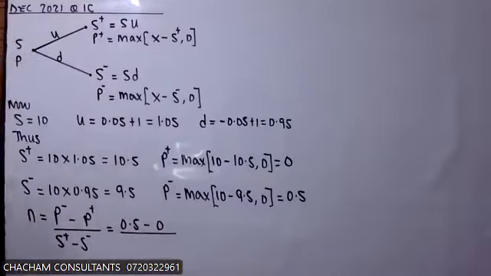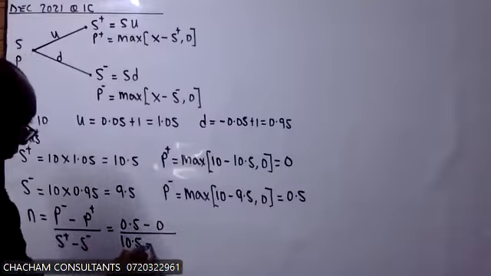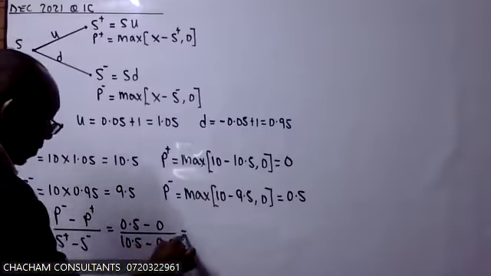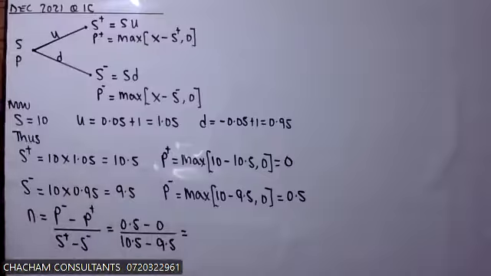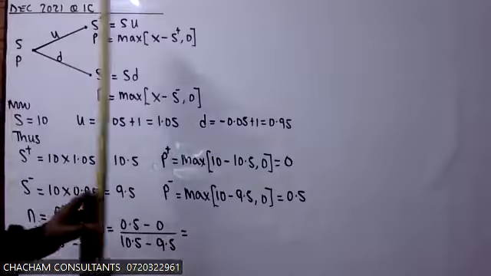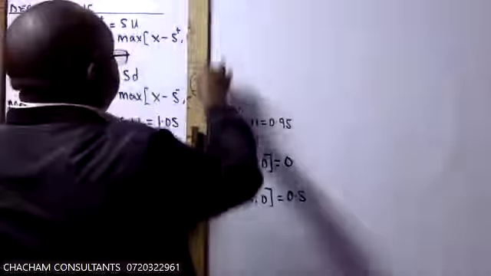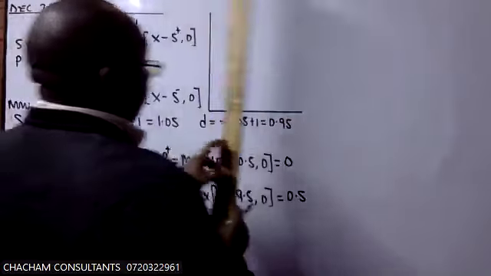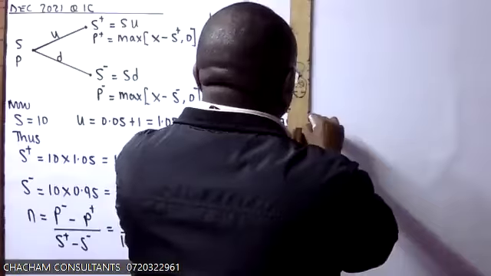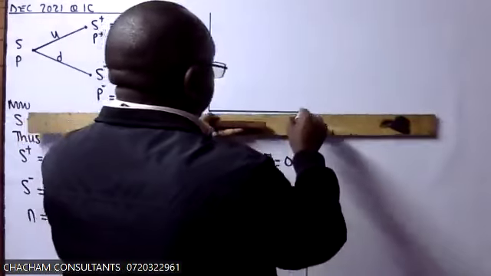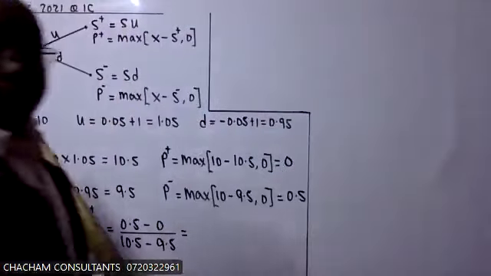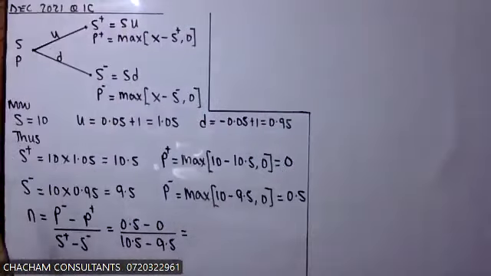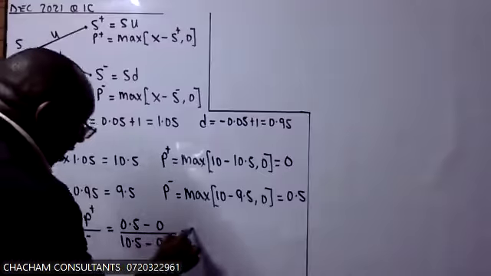Then S up is 10.5 and S down is 9.5. So that is 0.5.